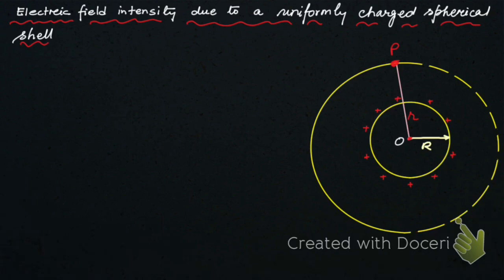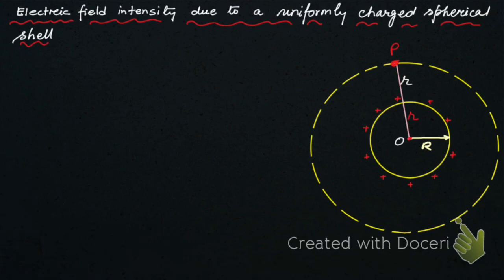Let me use a dotted line to draw this Gaussian surface. Its radius will be this small r, which is the distance between P and O.